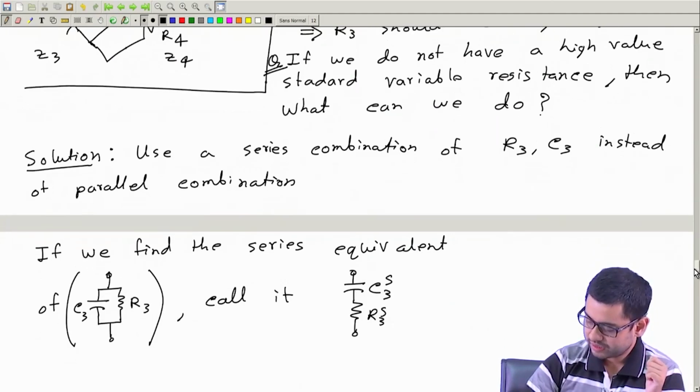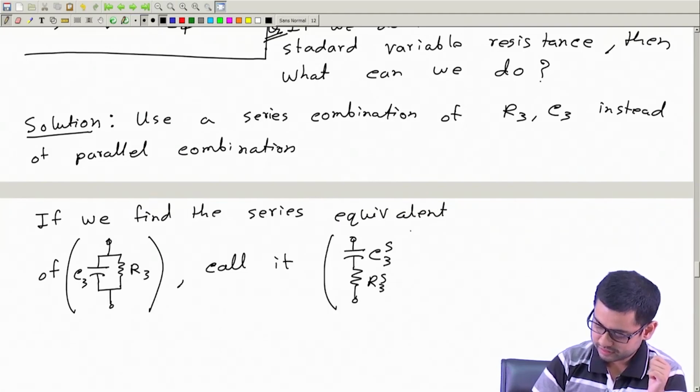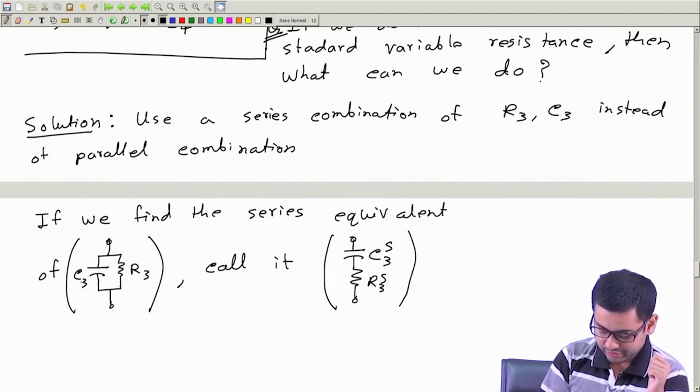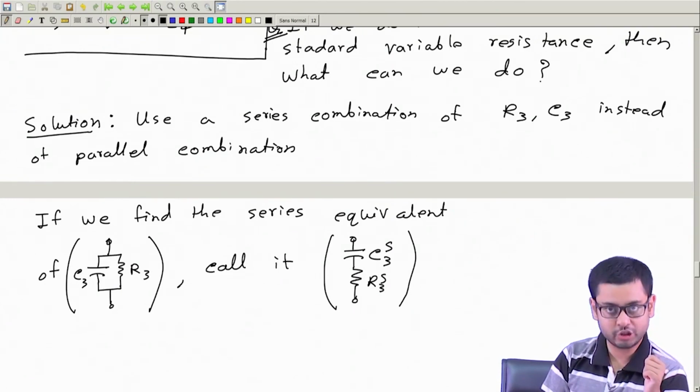Okay. So, given the value of C3 and R3, you can compute the C3S and R3S such that these two impedances are equal. Okay. This is what we did yesterday at the beginning of this AC bridges.